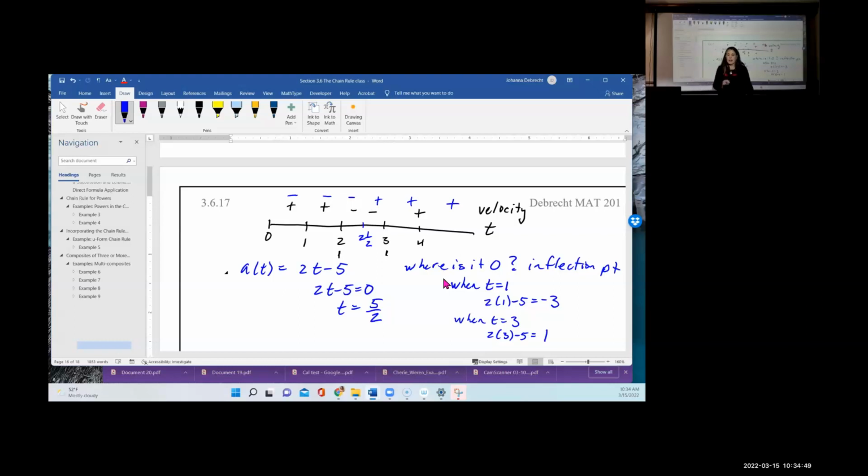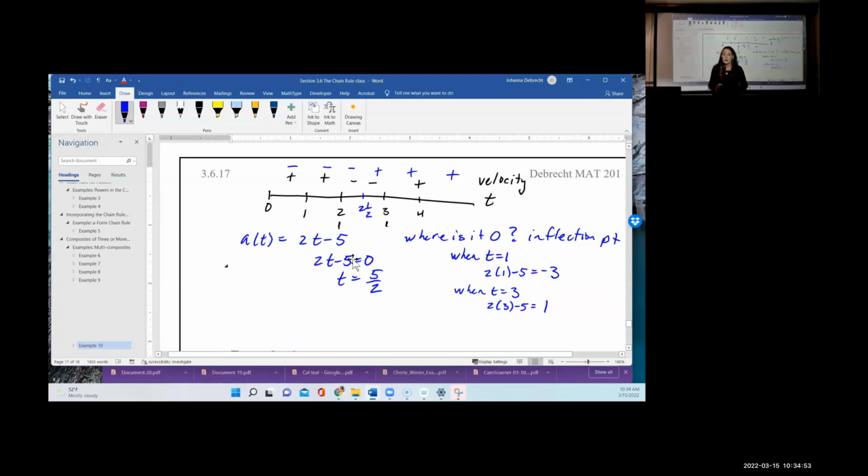All right. Now to decide what intervals it's speeding up and slowing down, I look to see where they have the same sign, speeding up, and where they have opposite sign, slowing down. So for example, if I were looking at this one, I would say it was slowing down over the interval from 0 until 2.